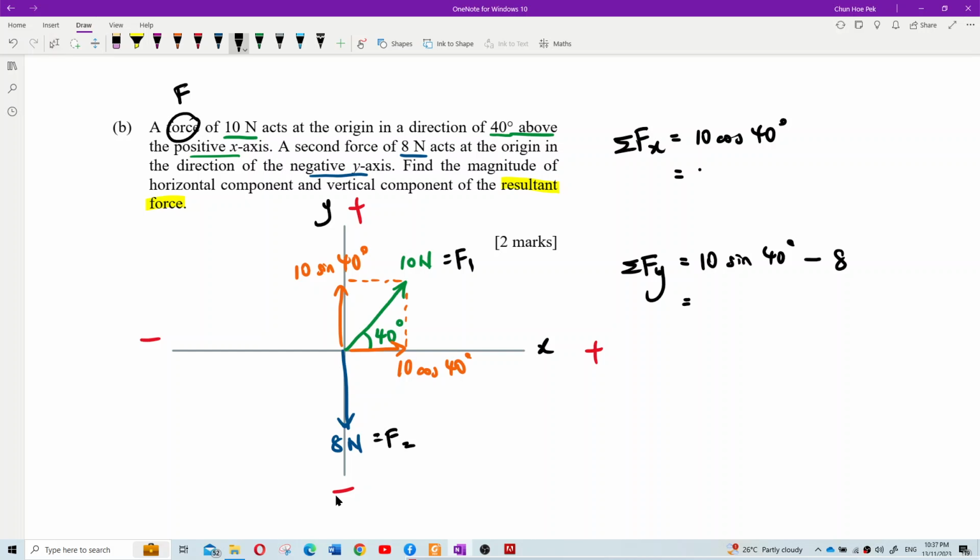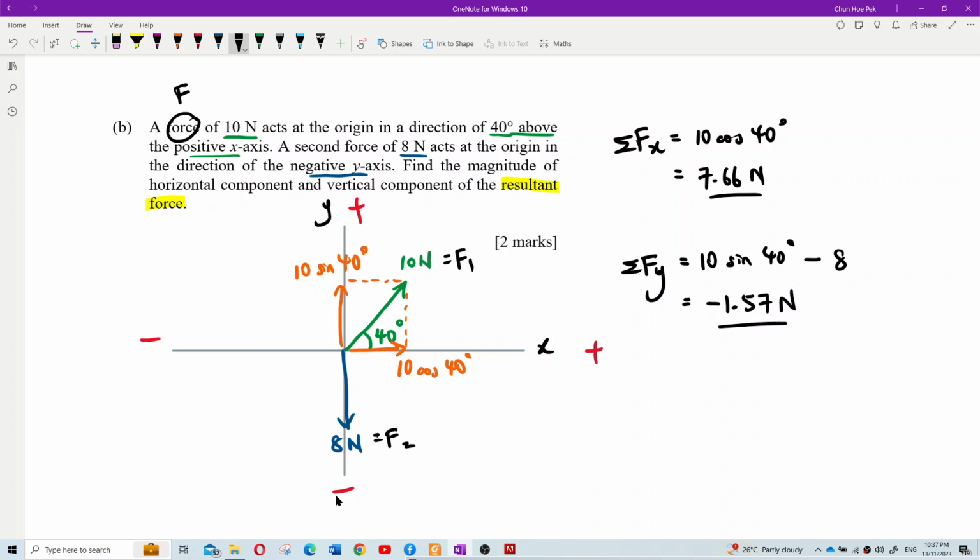So this one is 7.66, 7.66 Newton, and then 10 sine 40 minus 8, got negative 1.57 Newton. Okay, that's it.